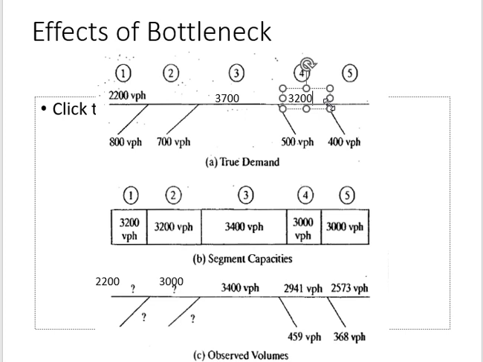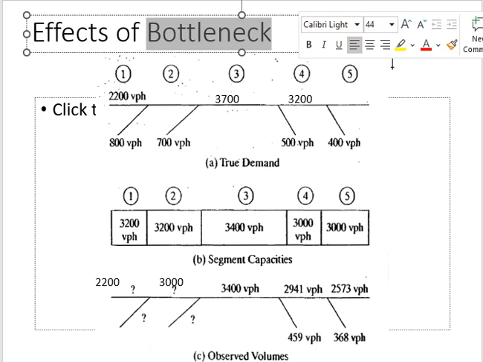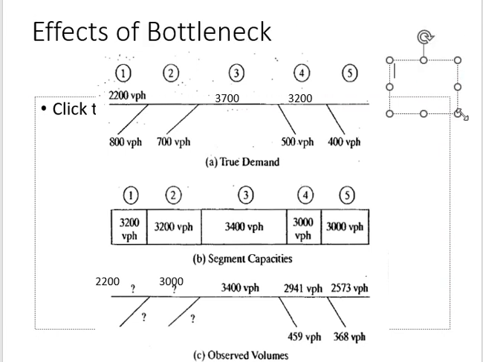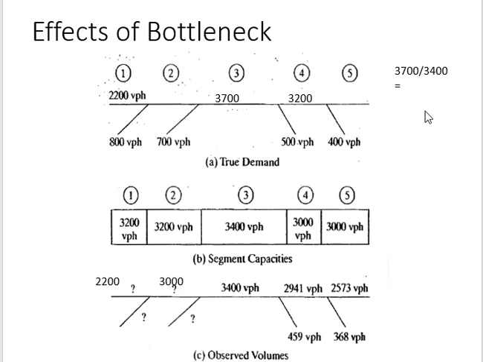Okay? So for example, what proportion are you allowing in segment 3? The actual was 3,700, right? And you are allowing 3,400. So what proportion is this? Sorry, I did it the other way around.